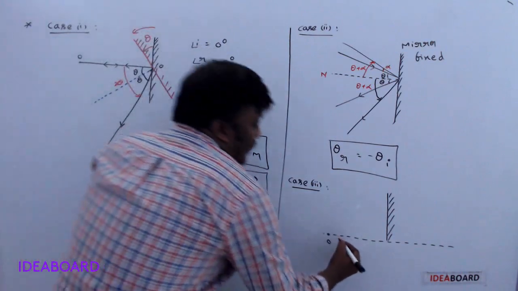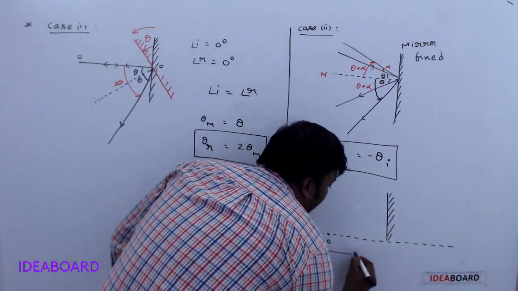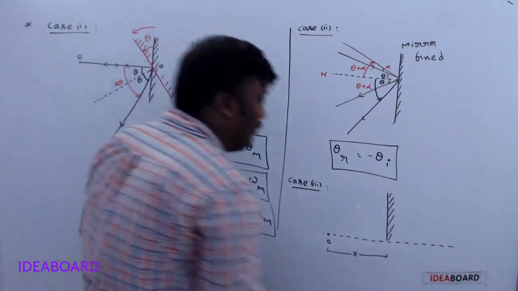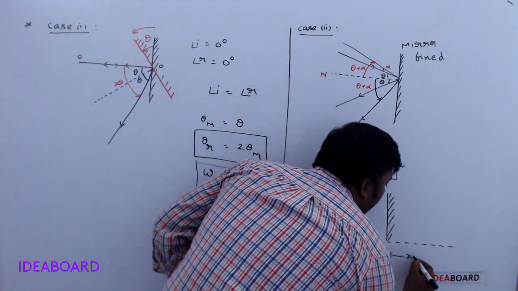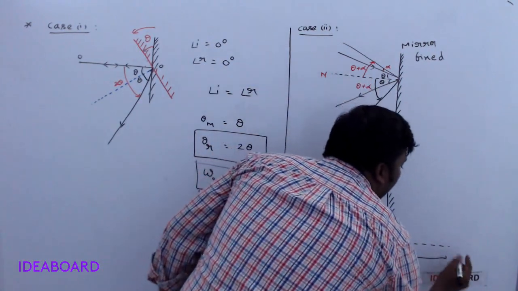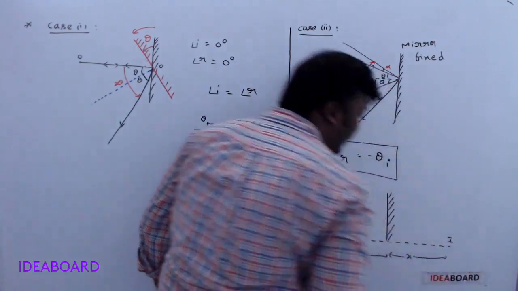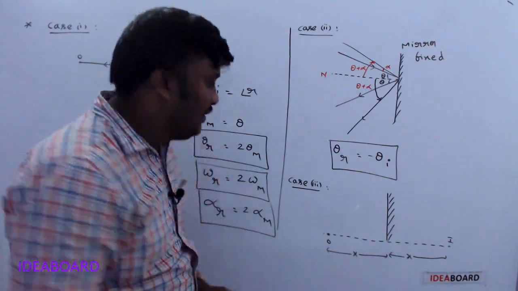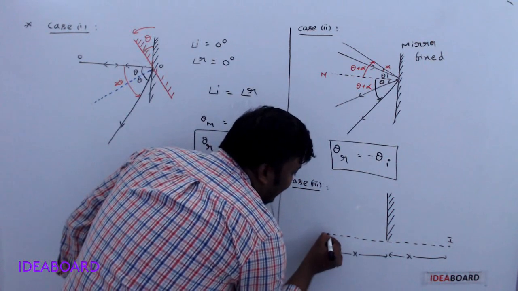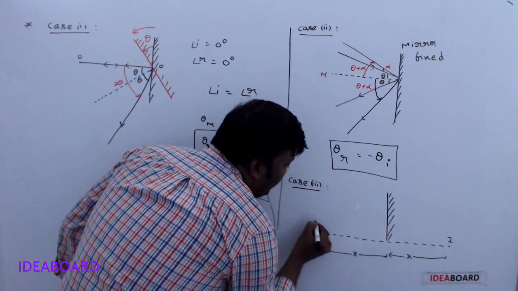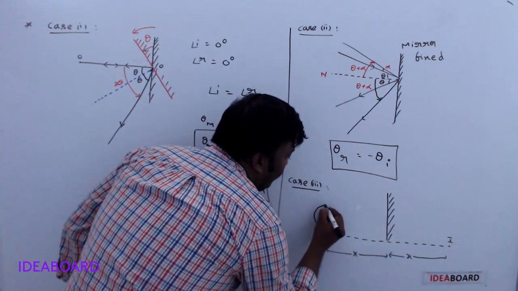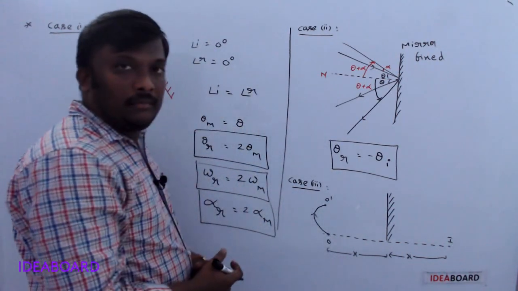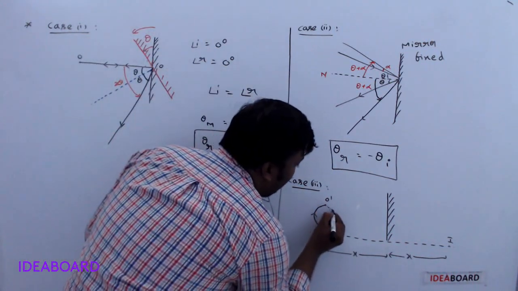Now, suppose an object is taken at a distance of x from the mirror. Then we know the image is also at a distance of x behind the mirror. This is the characteristic of the image we learned previously. Now the object is shifted to the new position O dash in the clockwise direction.